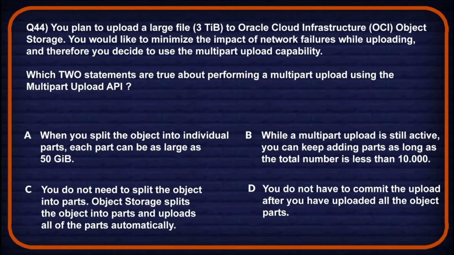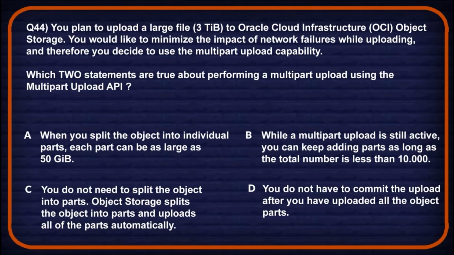Your plan is to upload a large file to Oracle Cloud Infrastructure Object Storage. You would like to minimize the impact of network failure while uploading, and therefore you decided to use the multipart upload capability. Which two statements are true about performing a multipart upload using the multipart upload APIs?